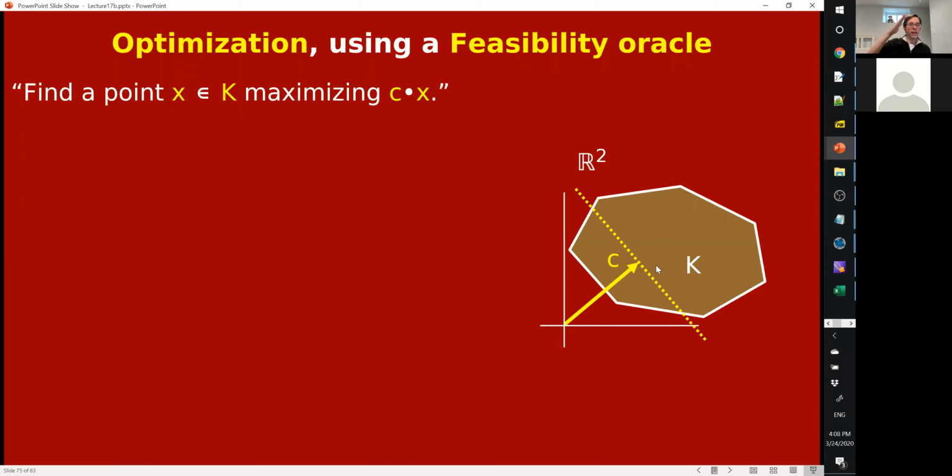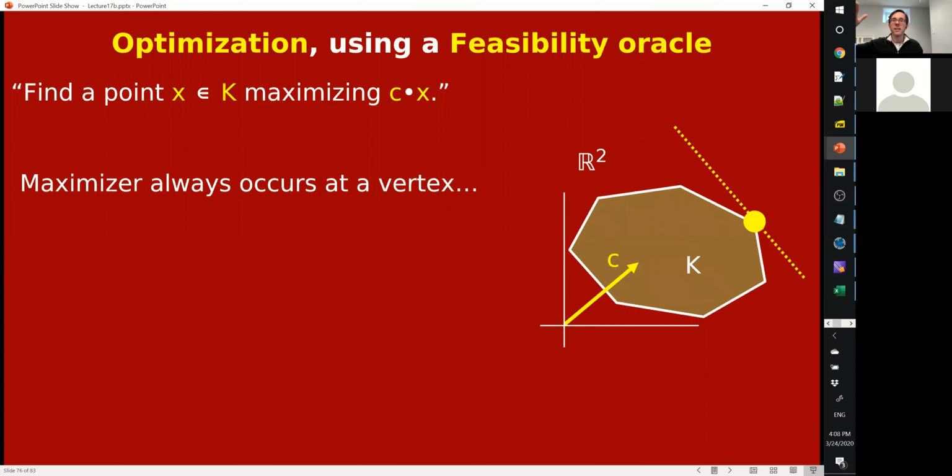In general, all the points x in Rn that give a particular value for c dot x are on a hyperplane. Maximizing c dot x over K is about finding the farthest extent of the polytope K in the direction c. That's the point you're trying to find, the maximizer.